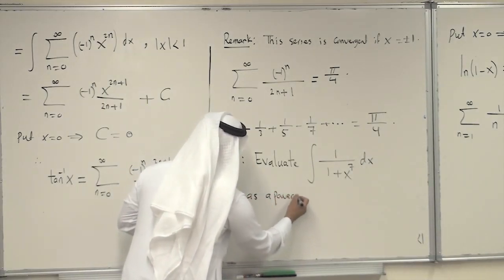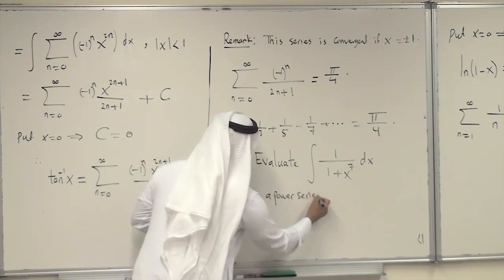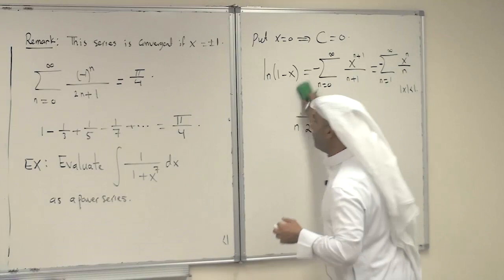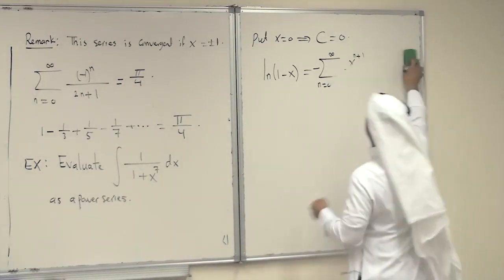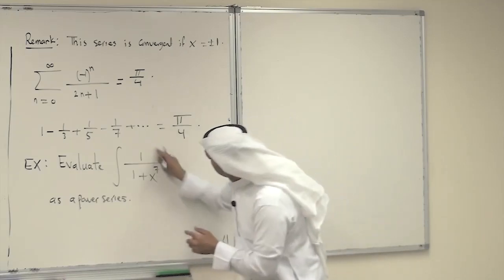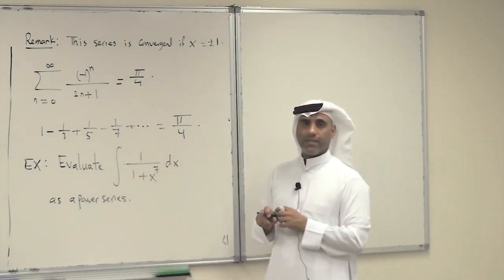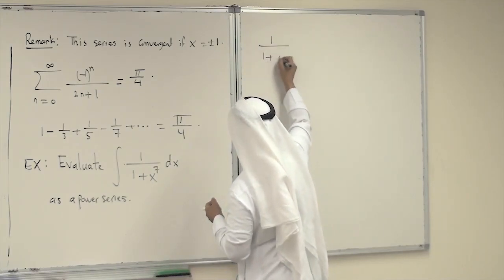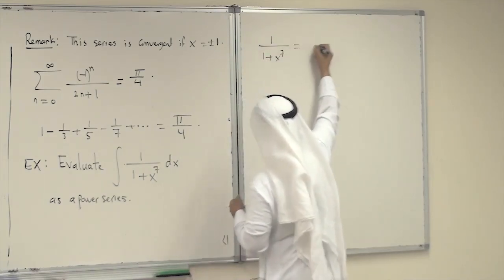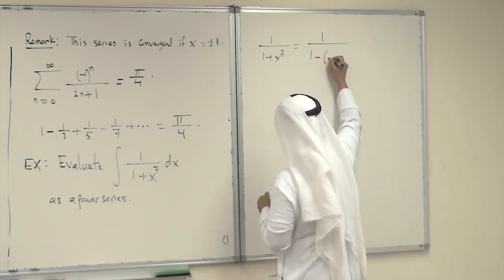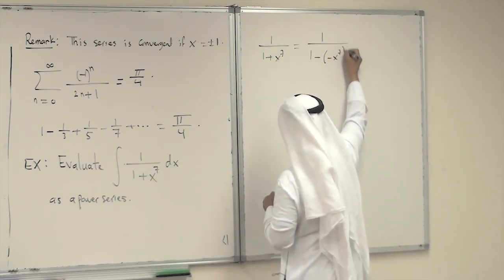How to evaluate this one as a power series? We can use that nice theorem we wrote for integration and so on. So let us go back and see if we can represent this one by a power series. We know that 1 over 1 plus x to the power 7 is equal to 1 over 1 minus minus x to the power 7, isn't it?